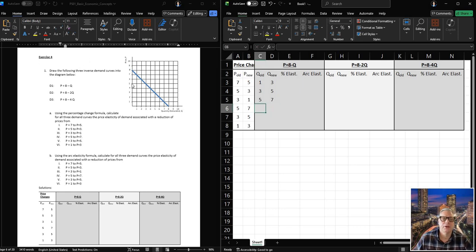Okay, so now if we go up from 5 to 7, then we move from 3 to 1. So it's the inverse of the first case. So the old is now 3, the new is 1. Now we go from a price of 3 to 5. So now we go from 5 to 3.